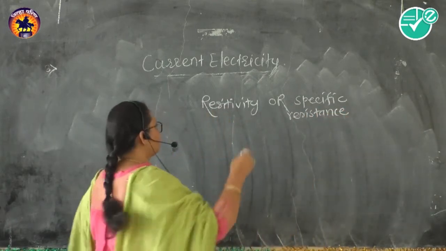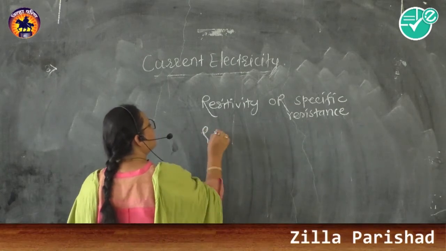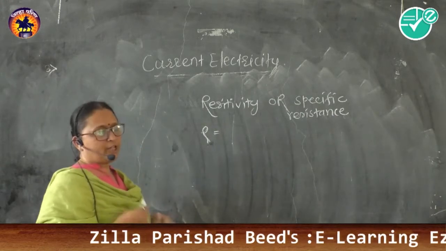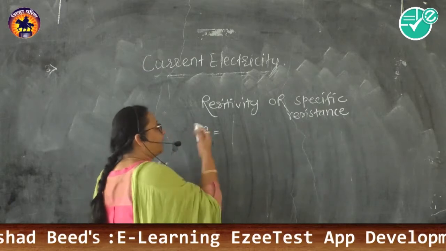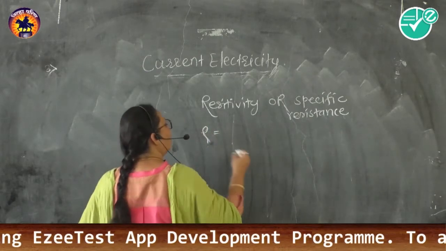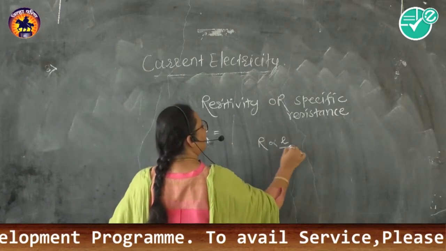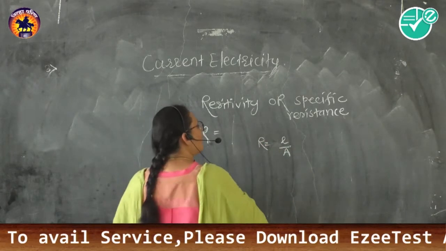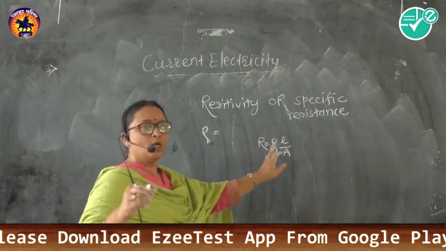The specific resistance is denoted by the letter rho. It is read as rho. It is a specific resistance or resistivity. As I have already told, from the dependence of resistance, R is directly proportional to L and inversely proportional to A, and if we remove the proportionality sign, we have to place a proportionality constant, that is rho.